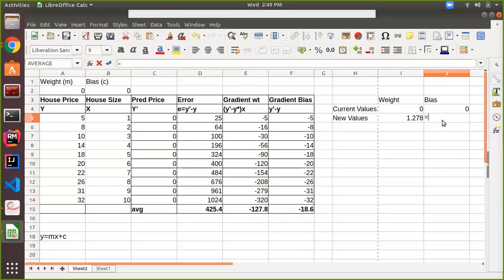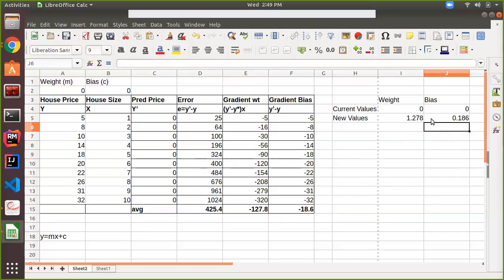Similarly, I will calculate new value for bias. This is current value minus 0.01 multiply by average bias. So in F15 I have average bias. So these are my new values for weight and bias.